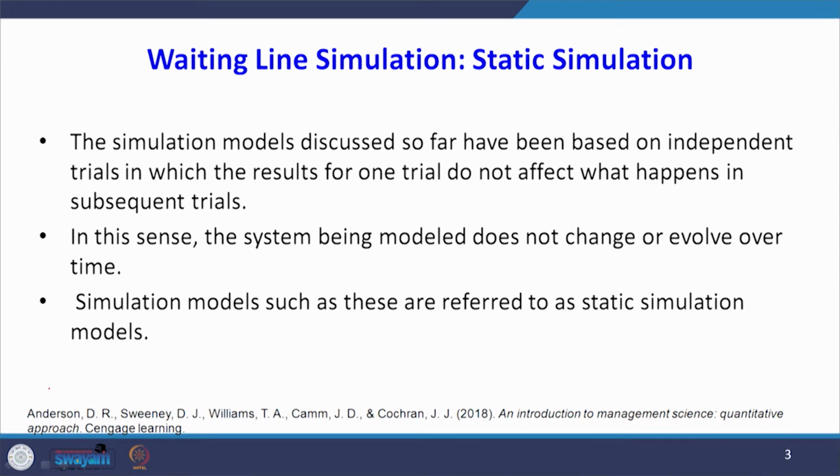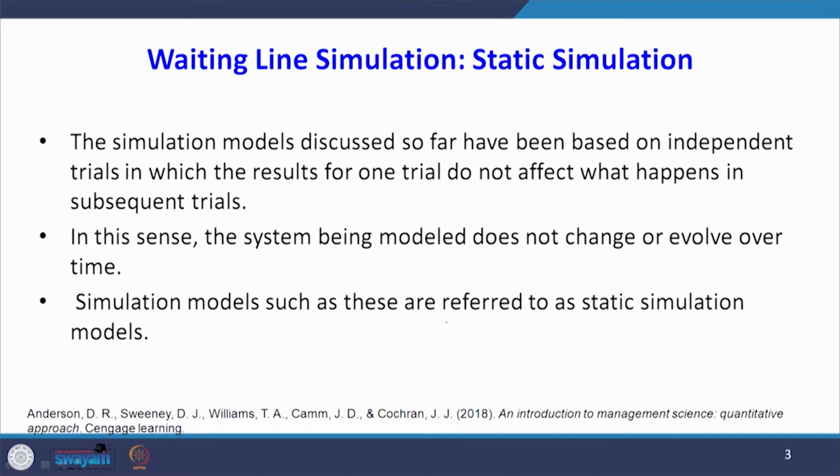In this sense, the system being modeled does not change or evolve over time. So, time is not an important factor there; it is independent of time. Simulation models such as these are referred to as static simulation models. What is the meaning of a static simulation model? The outcome of one trial will not affect the outcome of another trial.